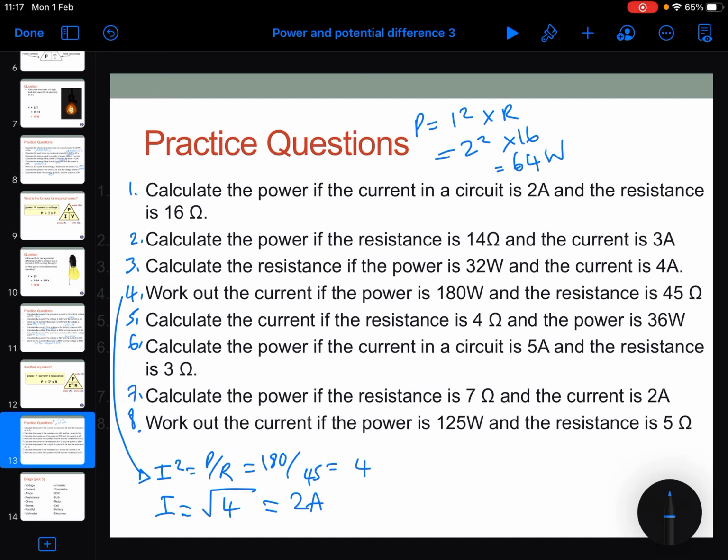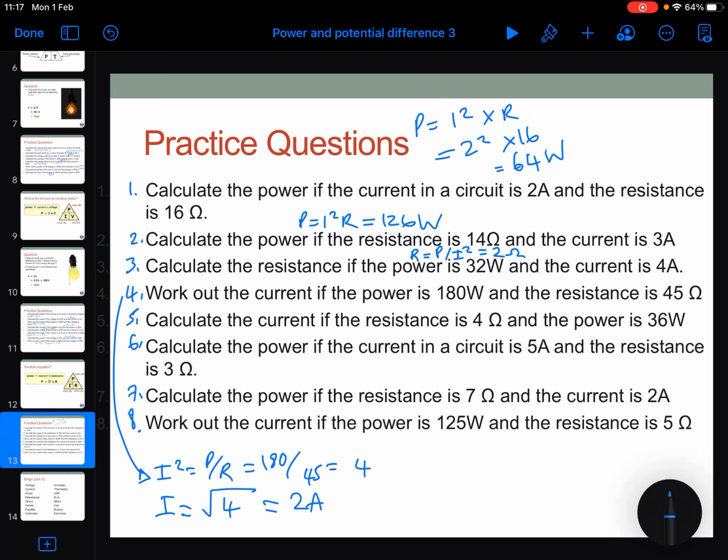Okay, assuming everyone's had a go. Number 2, P is I squared R, so that's 3 squared times 14, so that's 9 times 14, giving me an answer of 126 watts. Number 3, resistance is P divided by I squared, so that's 32 divided by 4 squared, which is 32 divided by 16, which gives you 2 ohms.